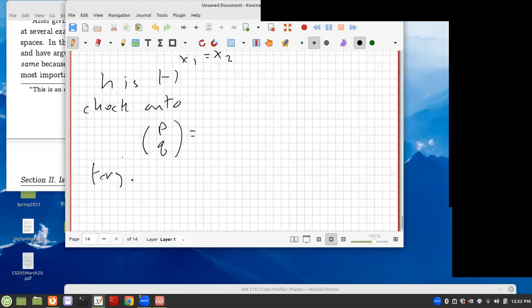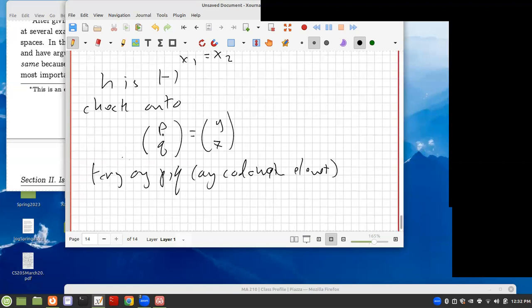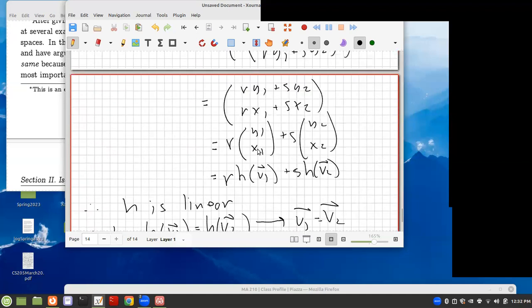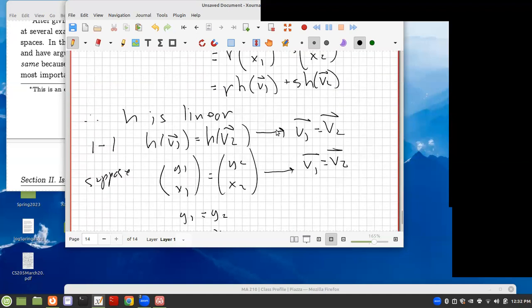For any P and Q, any element in the codomain, you have to find an (X, Y). You're choosing any P and Q and saying this has to equal this. Well, that means (Y, X), because this is the image you get from H.